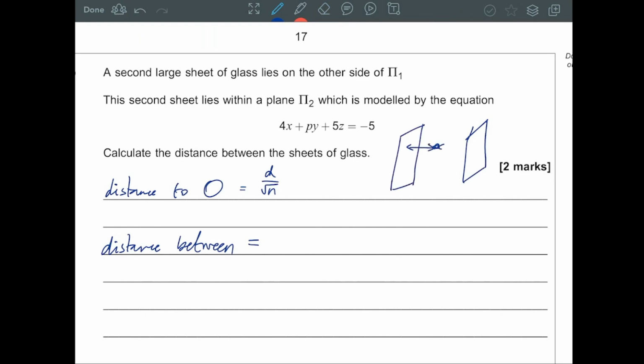So you've kind of got that distance and that distance. So we're going to have 9 over the square root of 4 squared plus 2 squared plus 5 squared. Gives me root 50 plus 5 over root 50. Really, that's a minus 5. So that's 14 over 5 root 2, or 7 root 2 over 5. Distance between the two sheets of glass.